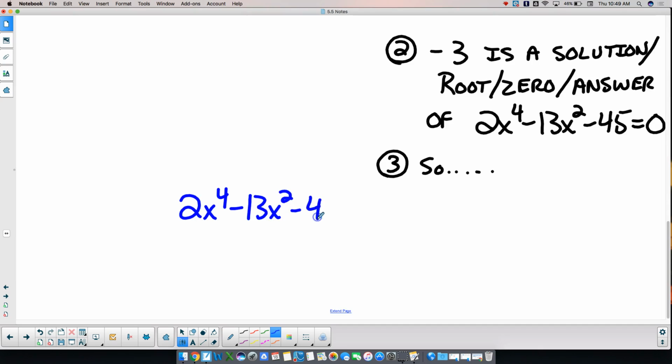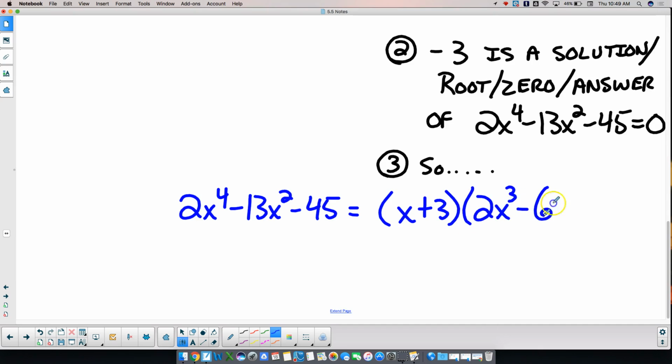2x to the 4th minus 13x squared minus 45 is equal to x plus 3 times 2x cubed minus 6x squared plus 5x minus 15. Right? What can I do with that quad term? What can I do with this?